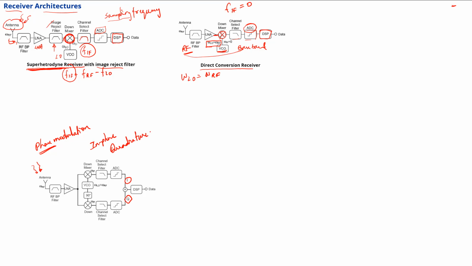And these in-phase and quadrature components are where the information is encoded, with phase being one of the parameters where the information is transmitted. And for such an architecture, the local oscillator frequency is the same, but you use two different versions of it.